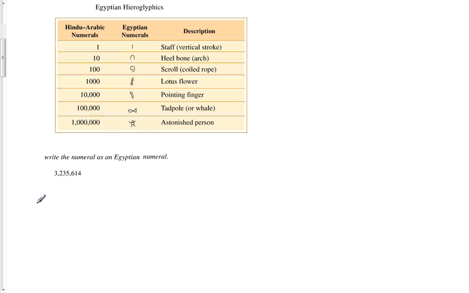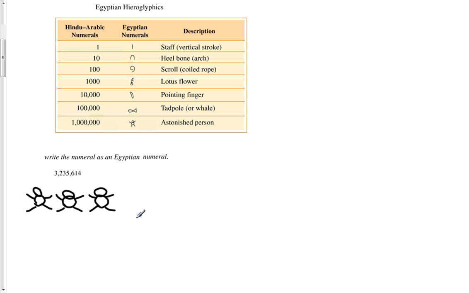So this would be 3 million because I have 3 astonished people. One of them, two of them, and a third astonished person would make my 3 million. So this is the Egyptian numeral for 3 million.